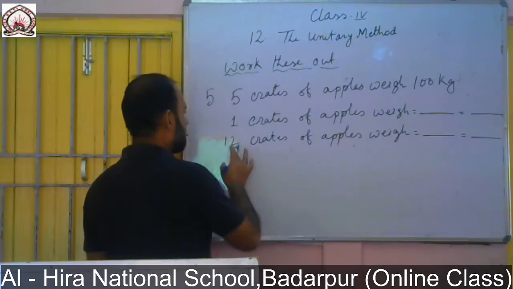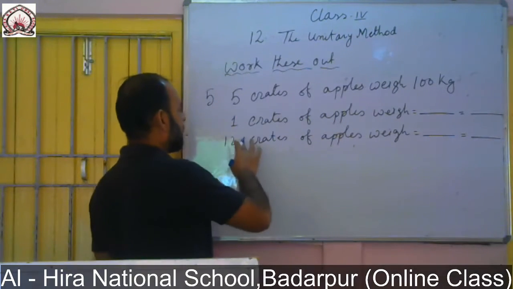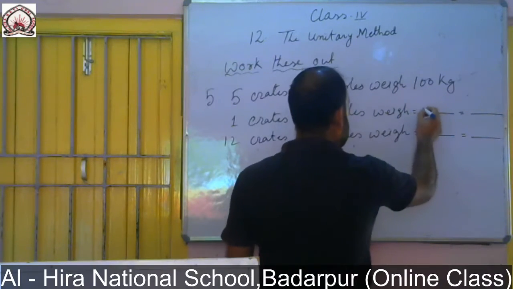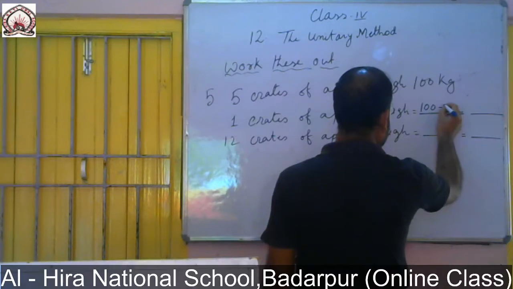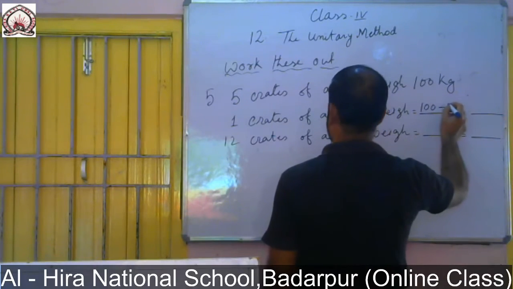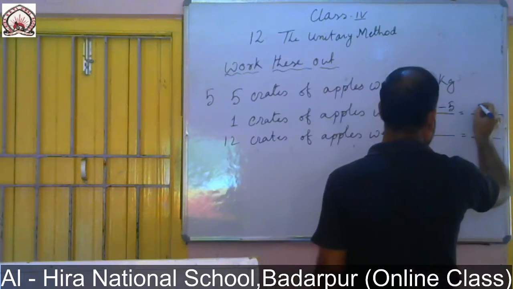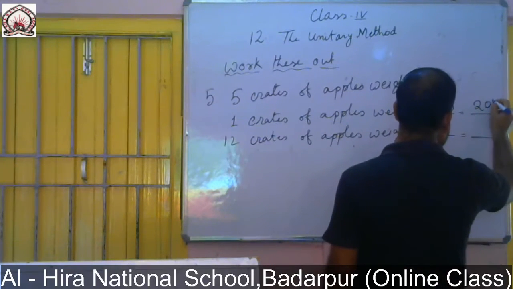So now if we take out 1, then we have to do divide. 100 divided by 5 is equal to 20 kg.